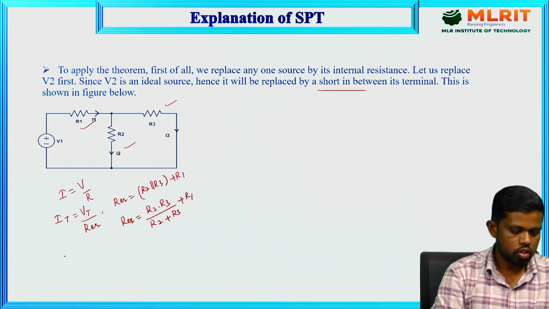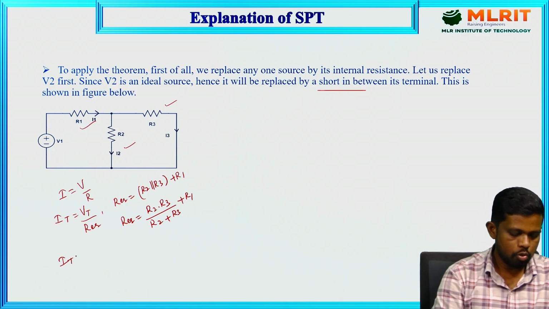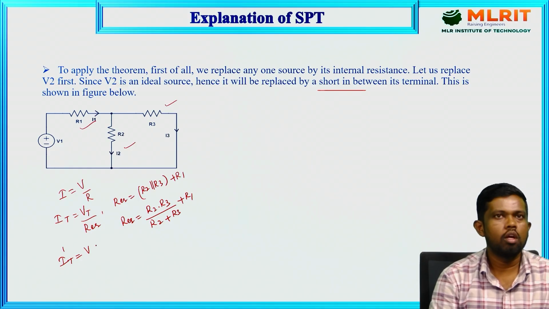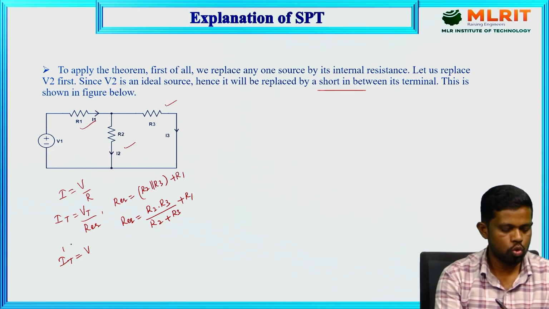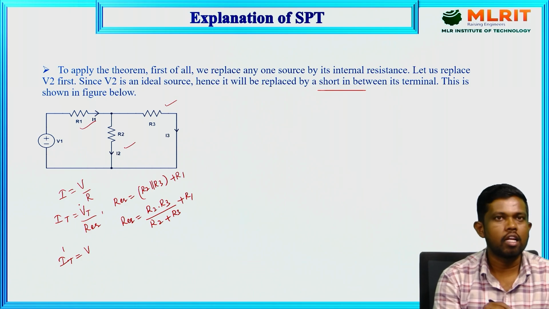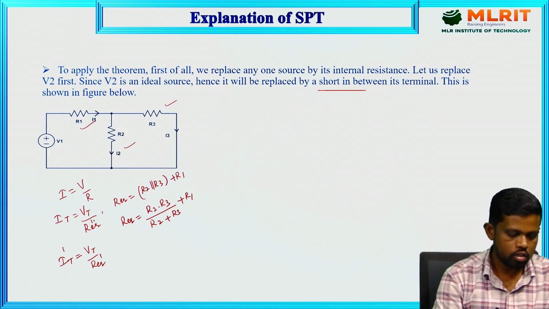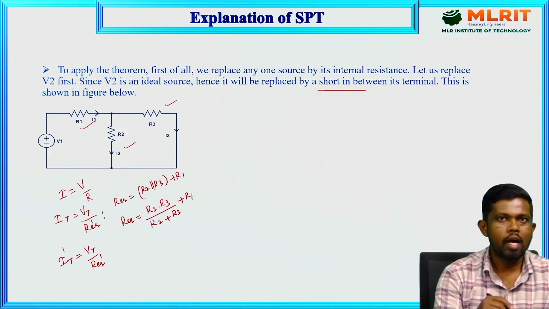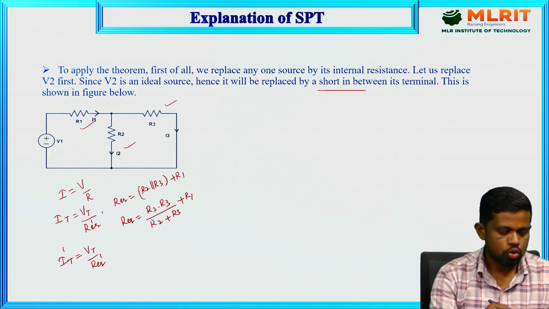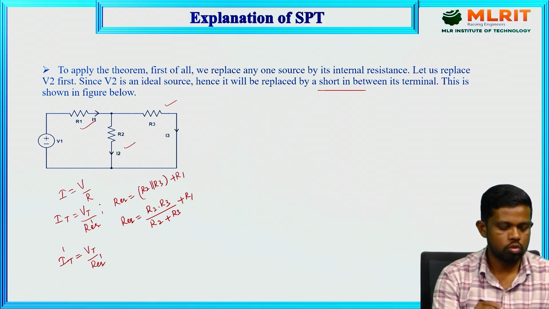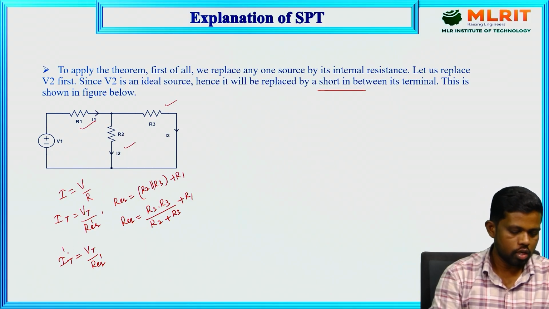This is the way to get the R equivalent of the above circuit, so that we get IT dash, the total current while connecting source 1. Source 1 acting alone is called IT dash, that is VT upon R equivalent dash. The dash indicates that source 1 is acting alone on the circuit, which is why we consider the total dash and R equivalent dash. This is the way to get the I total of the circuit.